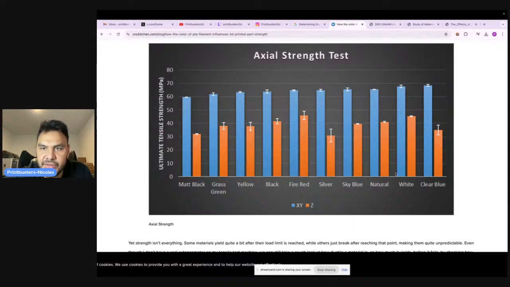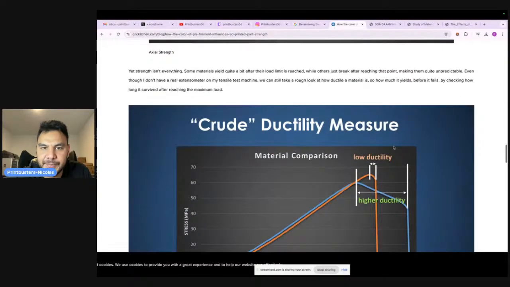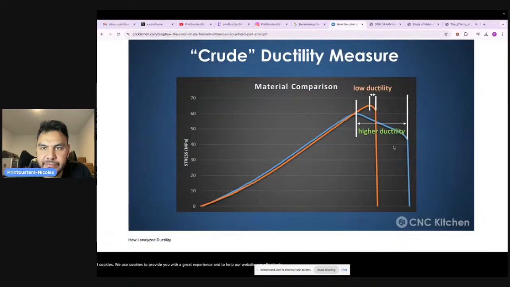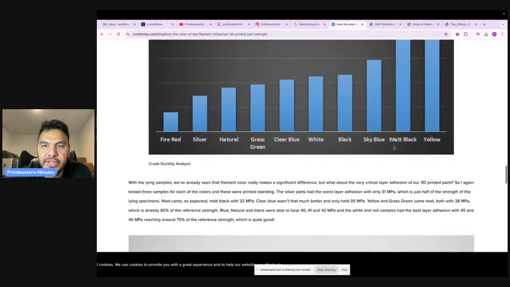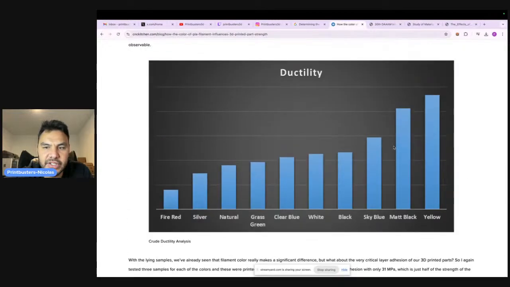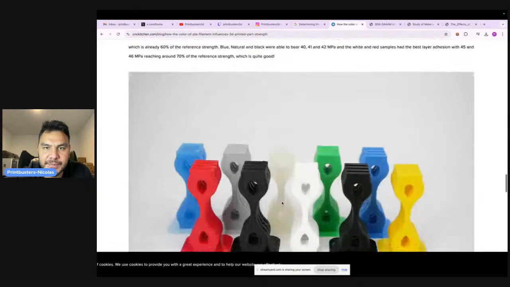And where is the natural? And the natural is here. So that's interesting. Some of the master batches reduce the layer adhesion. Some of the master batches increase the layer adhesion. Okay, and then when it comes to the ductility, same. Some reduce the ductility, some increase the ductility.